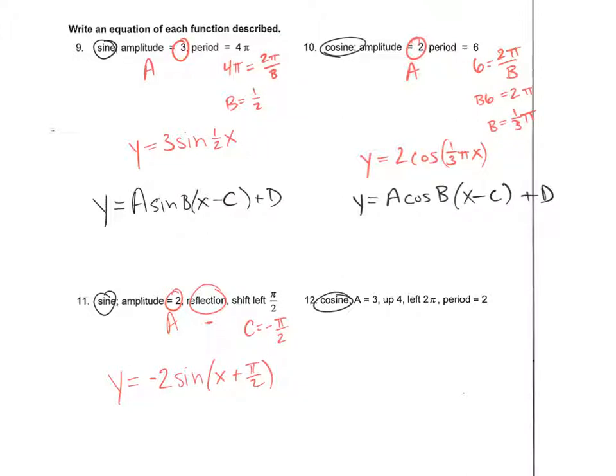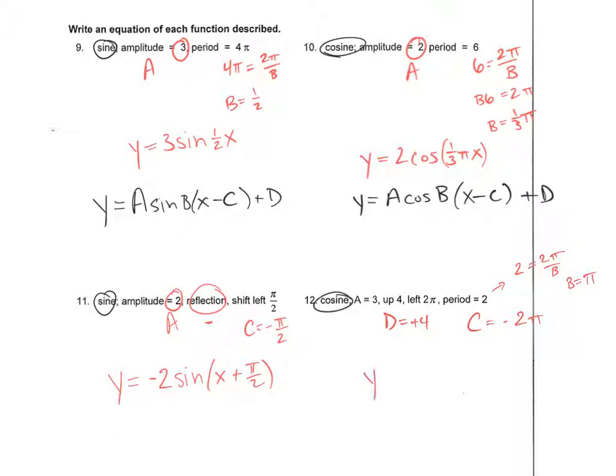In number 12, they tell me A equals 3. Up 4 means that D equals plus 4. Left 2 pi means that C equals minus 2 pi. And my period is 2. So 2 equals 2 pi over B, and so B must equal pi. So let's put that all together.